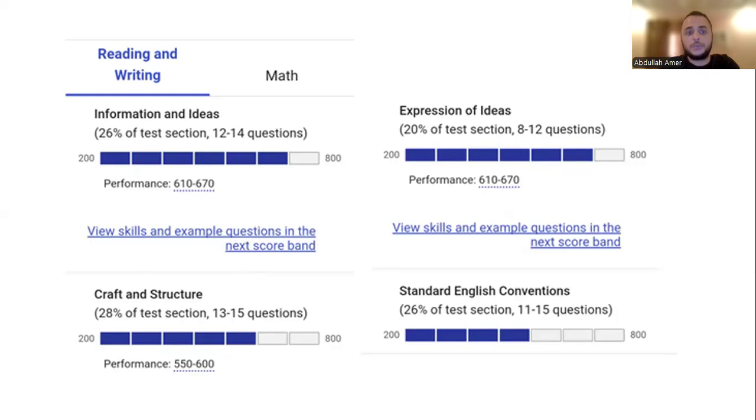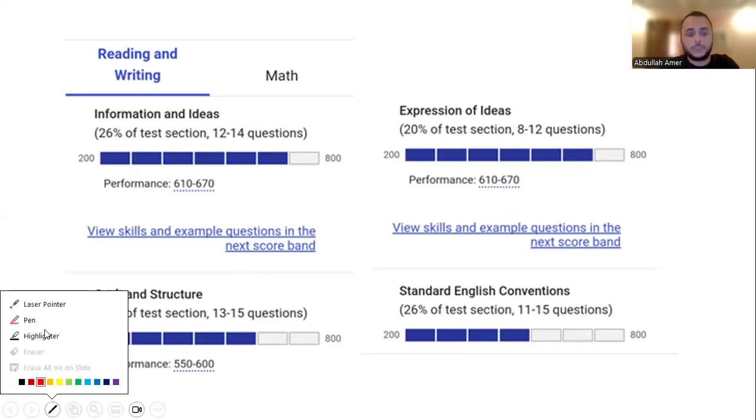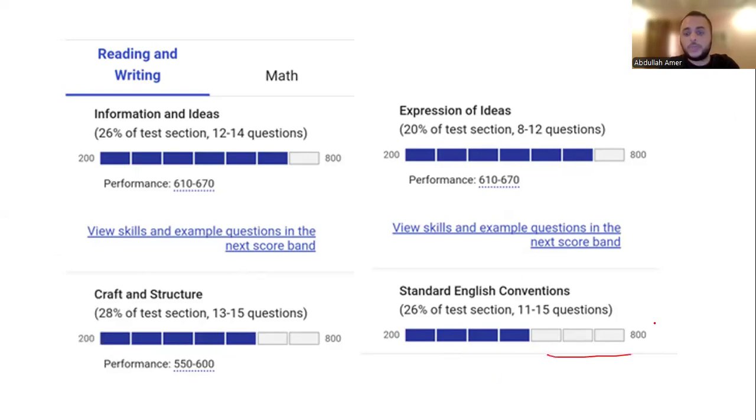Imagine that you've taken the test before and this is your weakest domain. By the way, this is a real report from a student. So that's your weakest domain. All you need to do is prioritize this domain first, then go through that domain and work on these two domains equally.